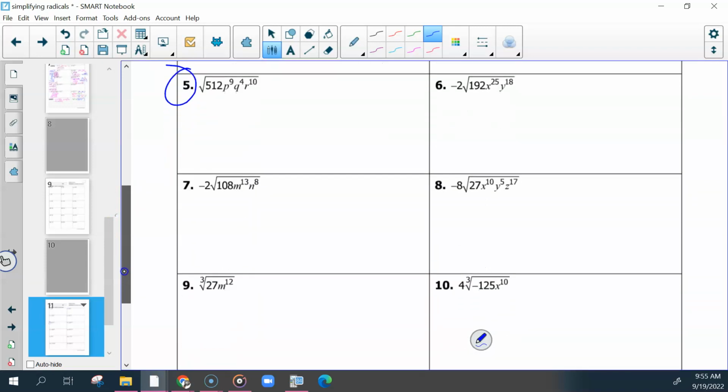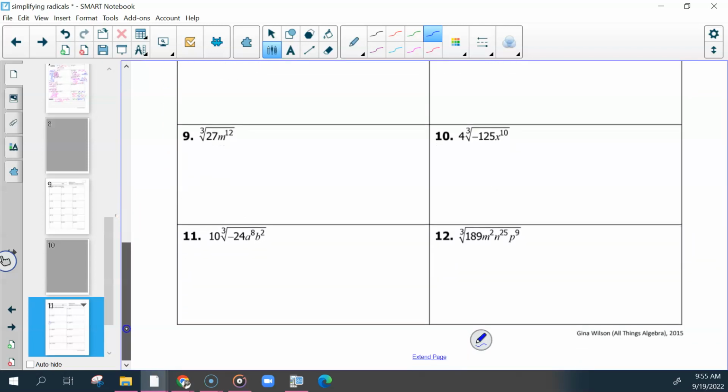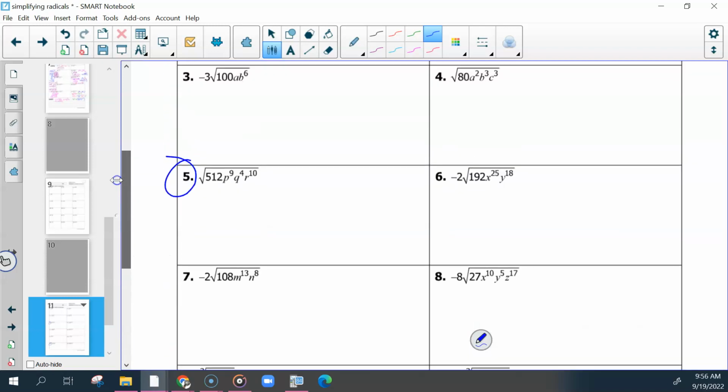Number 5 and 11. Are those two? Let me know.